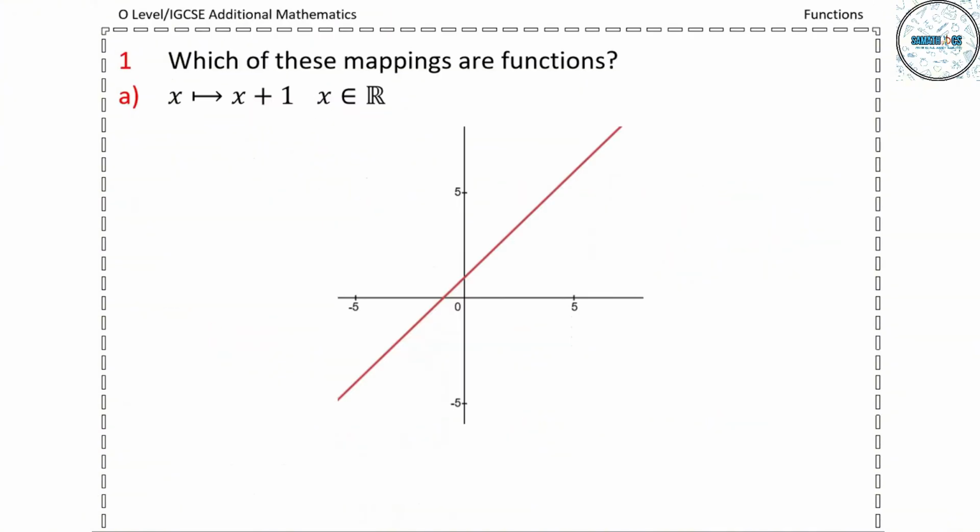In the last video, we did mappings. Now, we'll see which of the mappings are functions. Whenever we have to check whether the mapping is a function or not, we do the vertical line test. We draw vertical lines at different points.